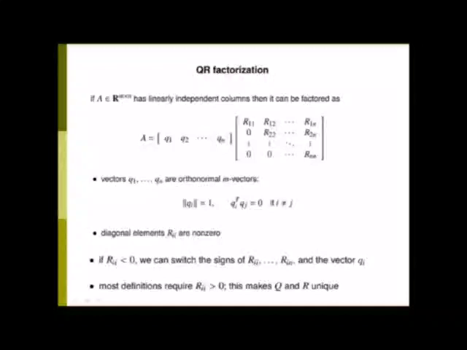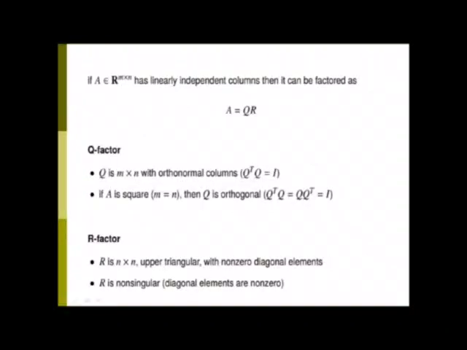If A belongs to R m cross n and has linearly independent columns, then it can be factorized as A equal to Q into R. As we have already discussed, the Q factor is an m into n matrix with orthonormal columns, so Q transpose into Q is an identity matrix. If A is a square matrix, m equal to n, then Q is orthogonal.